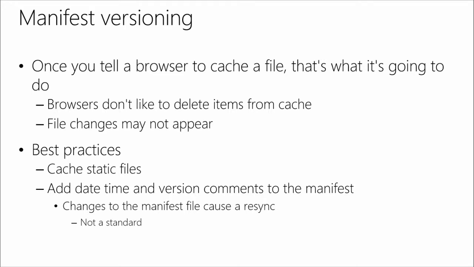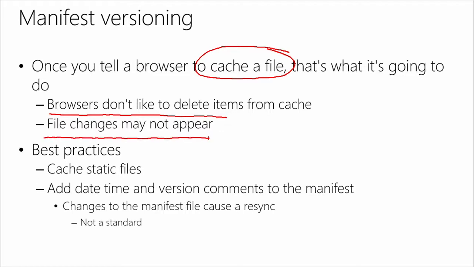You see, once we've told the browser cache that file, that's what it's going to do. And the browser does not have a mechanism to go back to see whether or not that file has changed. Browsers don't like to delete things, and those file changes then may not appear.